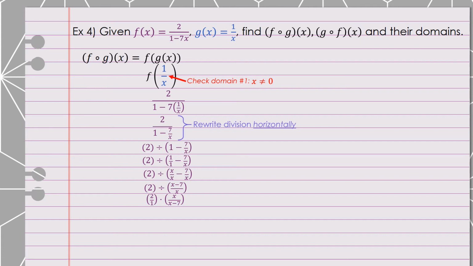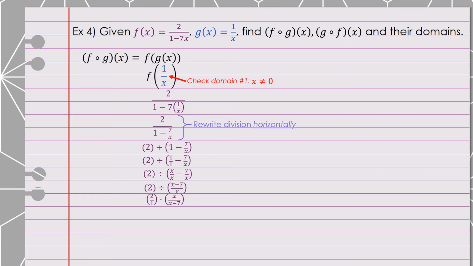And whenever we're dividing fractions, we multiply by its reciprocal. So we now have 2 over 1 times, now when I flip the second fraction, it becomes x all over x minus 7.